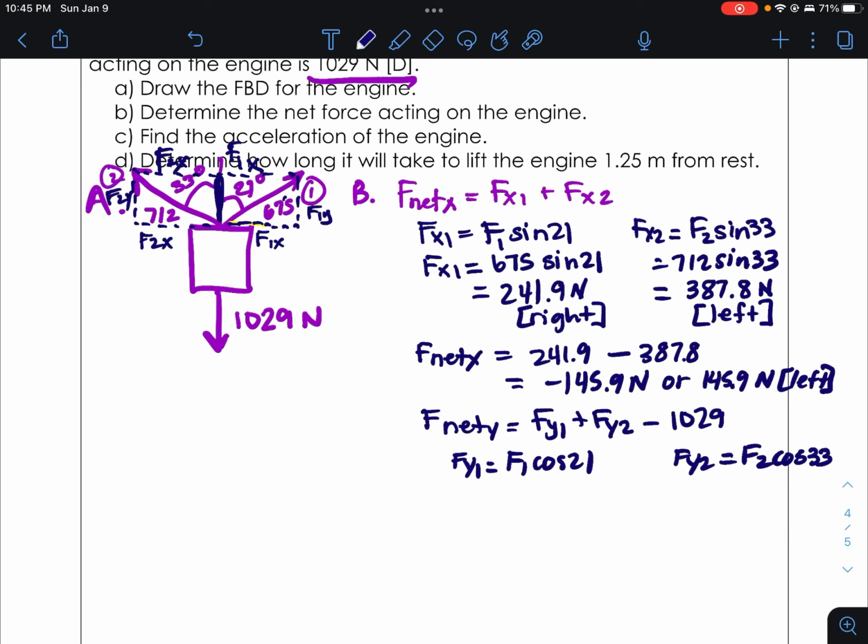So this is 675 cosine 21, equals 630.17 newtons. And this one is 712 cosine 33, equals 597.13 newtons.